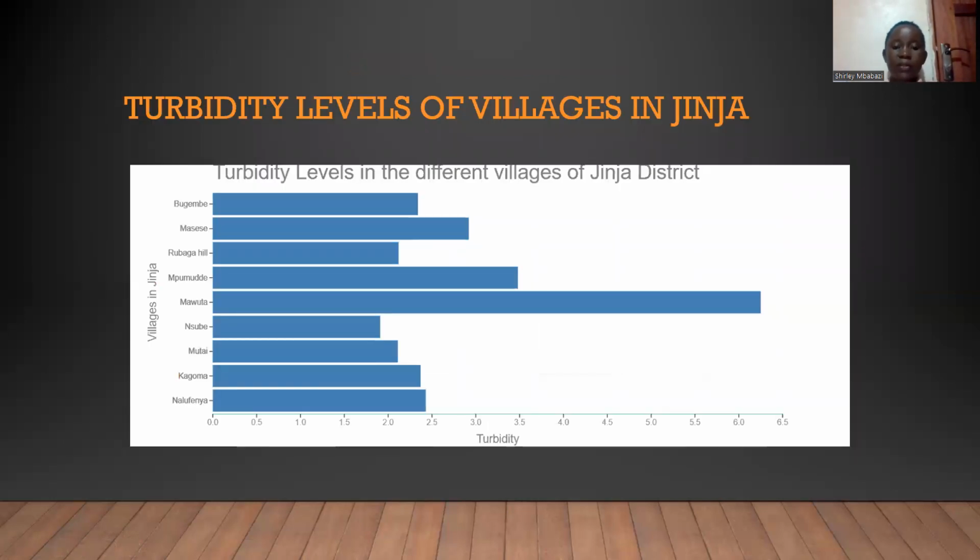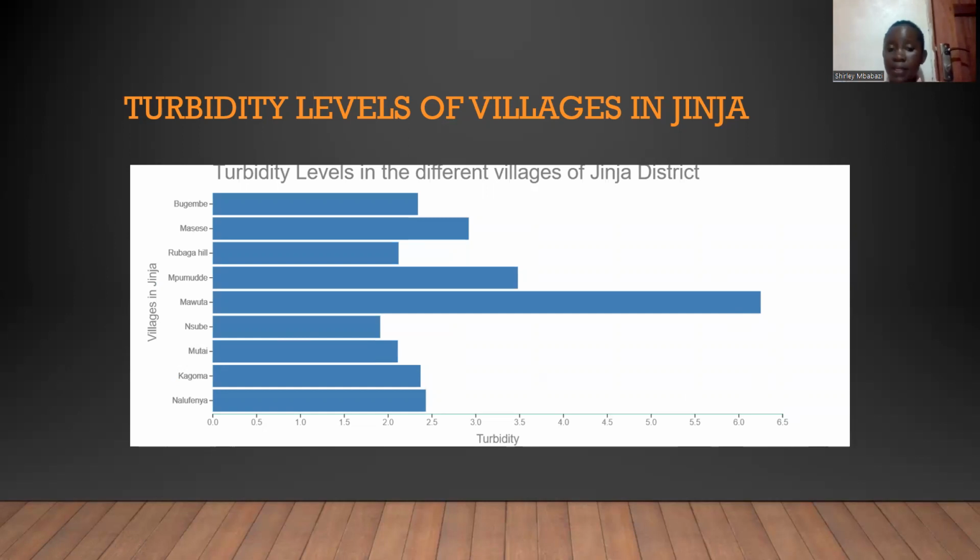So I wanted to further analyze this data in terms of the districts. How high is stability in a particular district, or how high is the electrical conductivity? But like I said, I cannot present all the visualizations here. So we see here these are villages in Chinja. We see that the stability in Chinja, Mauta has the highest, roughly around 6.2, 6.3.